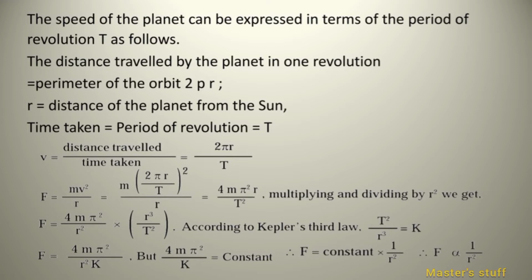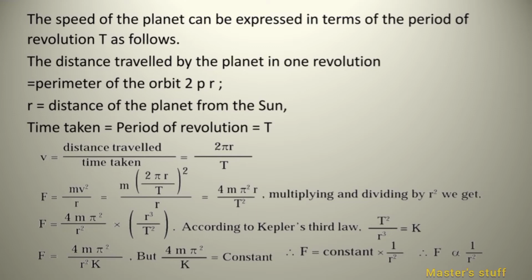Therefore, F is equal to 4m pi square upon r square into k. But 4m pi square upon k is equal to constant. As k is constant, 4 is a constant number, value of mass, that is m, is constant for that particular body, and value of pi is also a constant.